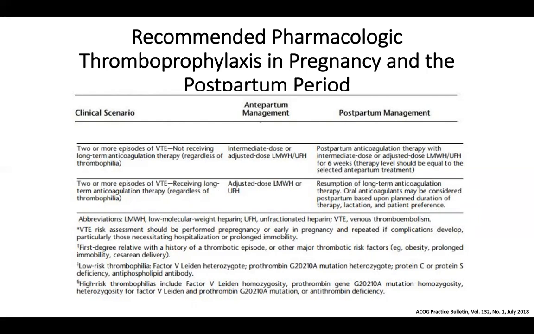Yeah, I would encourage everybody to go back and print off that chart from the January 16th talk that we did that has the weight adjusted dosing that the cardiothoracic surgeons and the Royal College have posted.